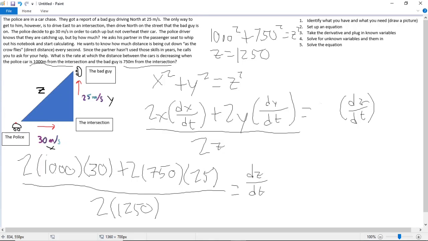So that was step 4, solve for the unknown variables and plug them in. Now we just gotta solve it.